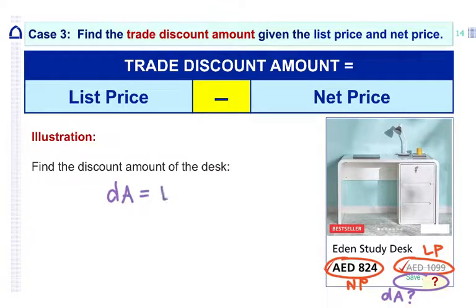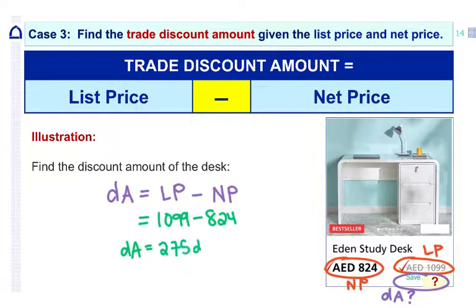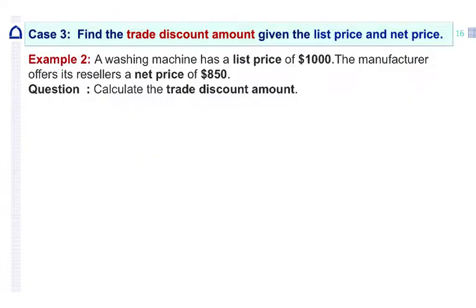The discount amount is just the expensive amount minus the cheaper price that you get to pay. So if we plug and chug those numbers, you get $1,099 minus $824, which gives us a discount amount of $275 dirhams.